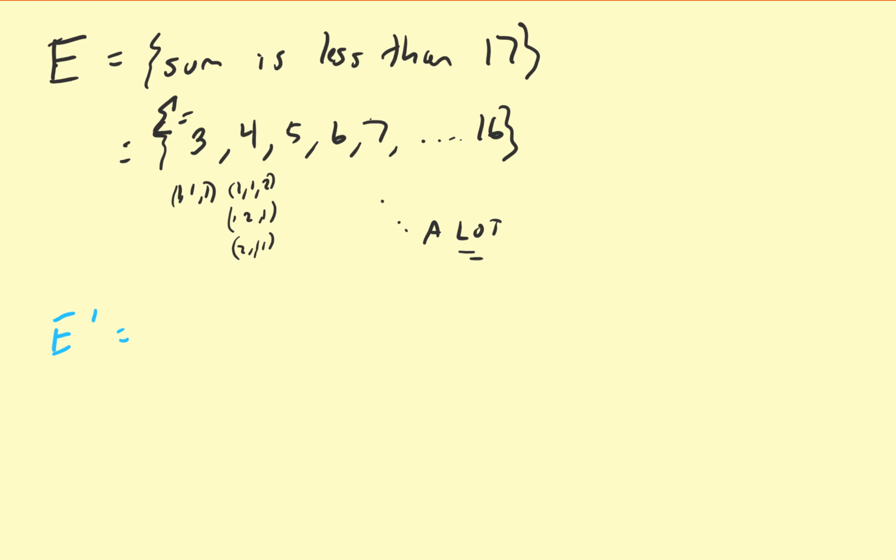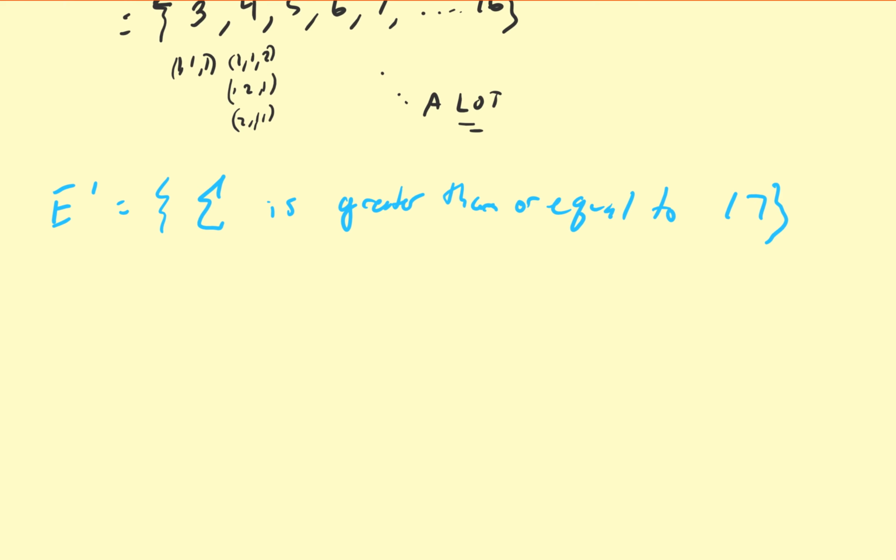So what is its complement? Its complement is going to be the set such that the sum is greater than or equal to 17. So greater than or equal to 17 is going to start off at 17, and then go to 18. And remember, the highest number on a die is 6, so the highest value we can have is 6 plus 6 plus 6, which is 18.